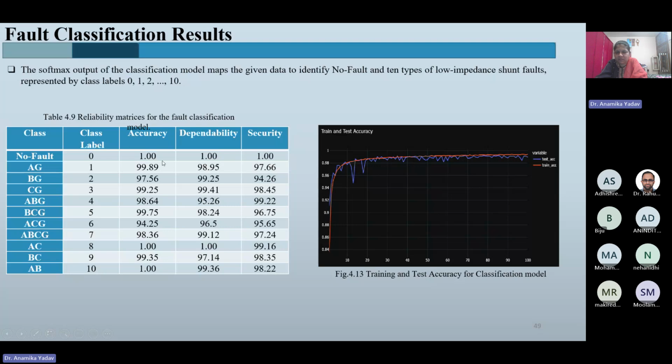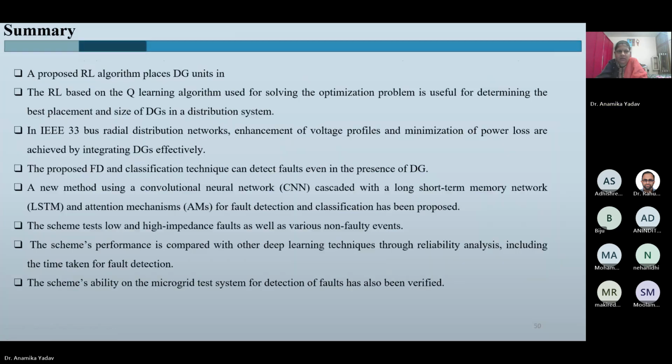Accuracy for non-faulty events is 1, that is 100%, and for faulty events you can see here the average accuracies remain 98 point something. So in this we have proposed a reinforcement learning based scheme for placement of DGs, and the IEEE 33 bus radial system has been utilized.